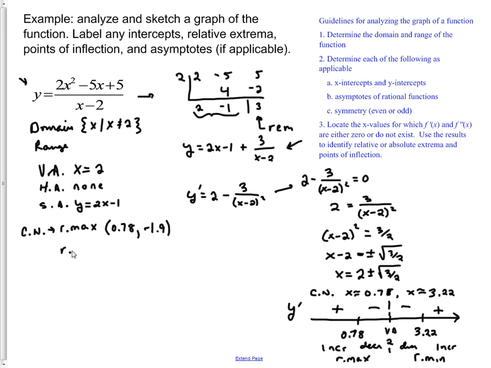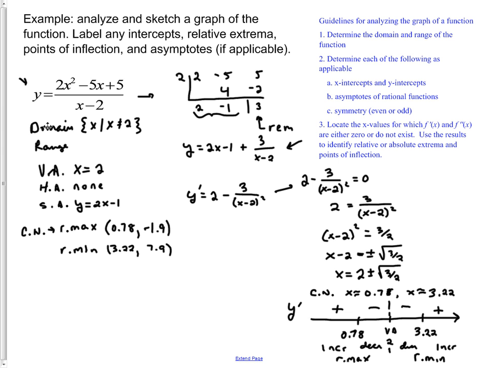Our relative minimum occurs at 3.22, and the y value there is about 7.9. Interesting, 7.9. We've got a relative minimum with a value that's greater than the relative maximum.